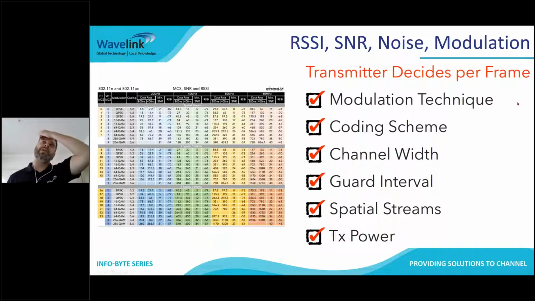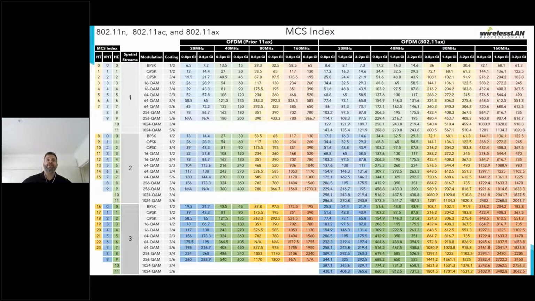But effectively what we're looking at is the modulation technique, the coding scheme, channel width, as we've discussed as well. Very important, the guard interval, either side of that channel, spatial streams, and the transmit power. So, yeah, I told you it was a doozy. That's a lot of numbers, Nathan. What the hell does all of this mean?